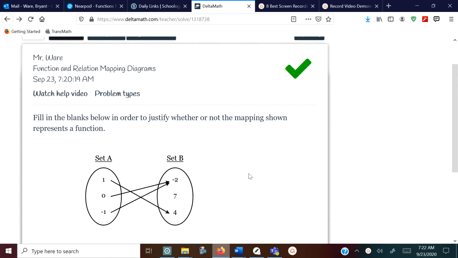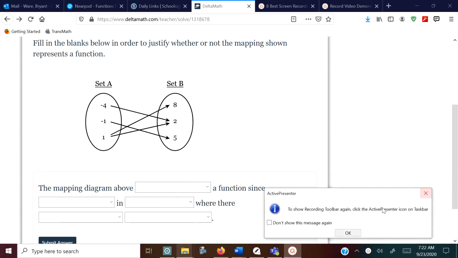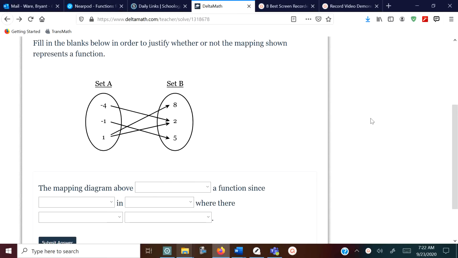Now let's take a look at another problem. On this one, we can tell that it's not a function because you have these two lines right here.